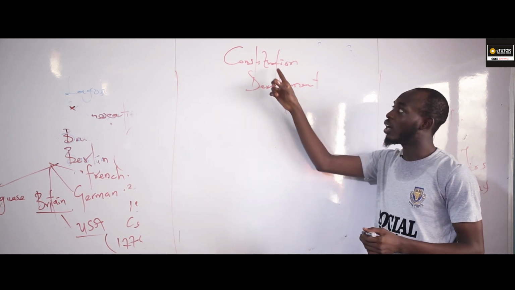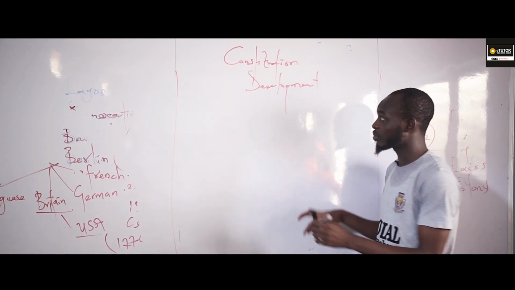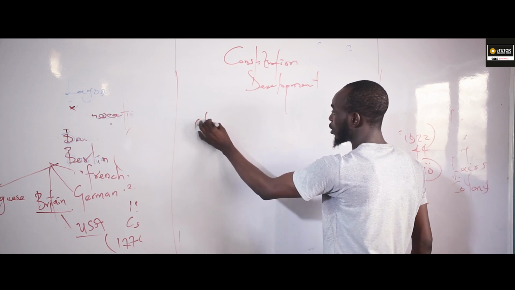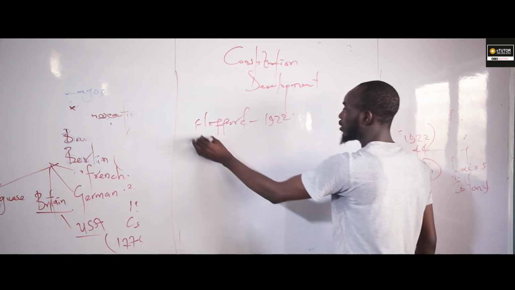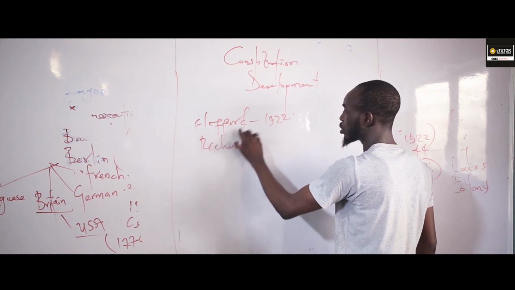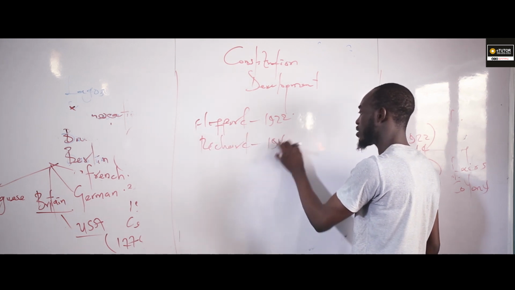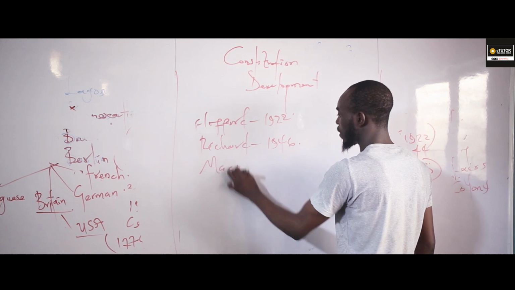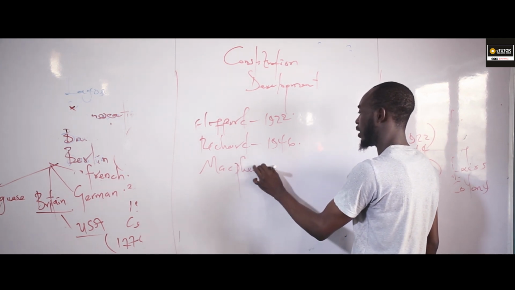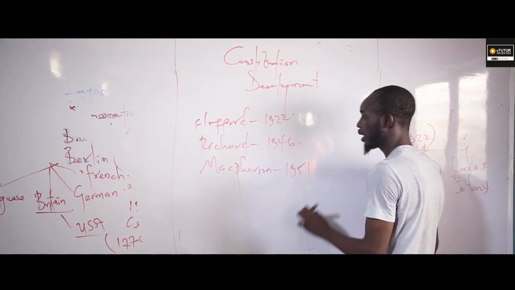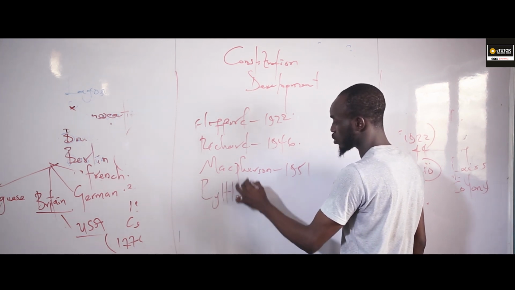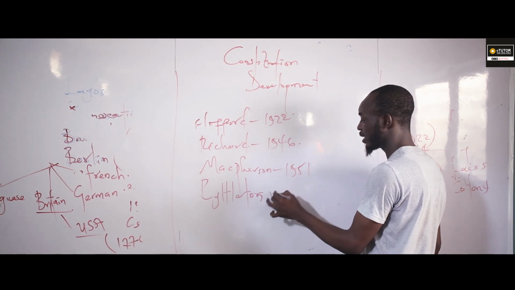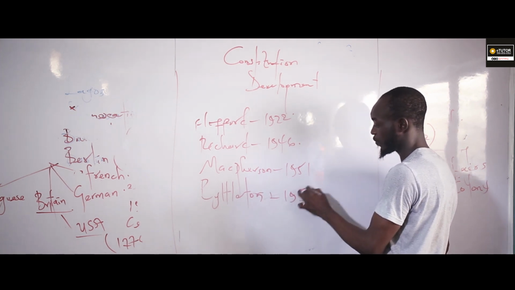Now, in summary, under constitutional development, like I said, we have the Clifford Constitution, which existed in 1922, the Richards Constitution in 1946, the Macpherson Constitution in 1951, and the Oliver Lyttelton Constitution in 1954.